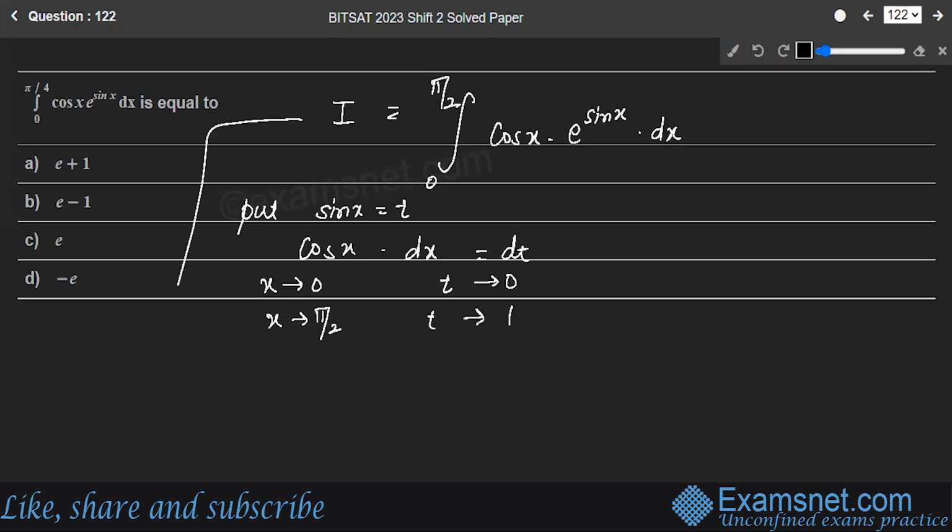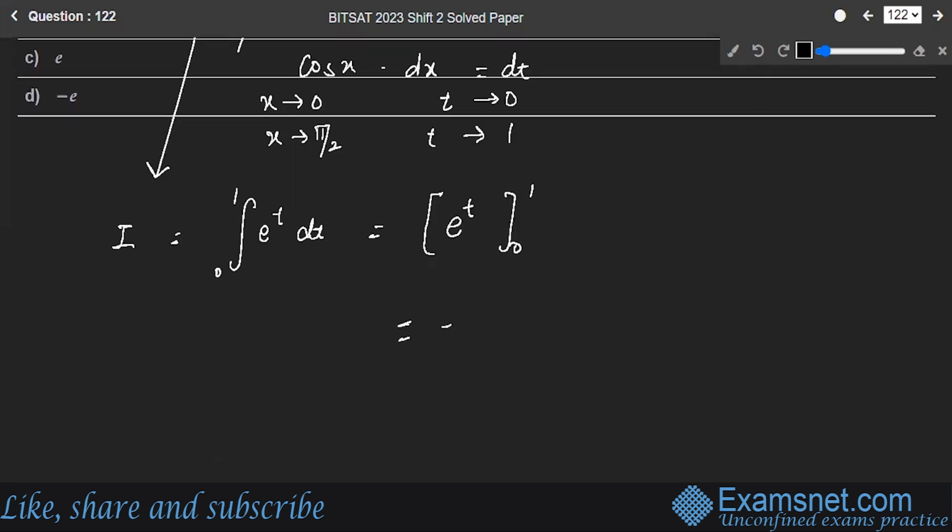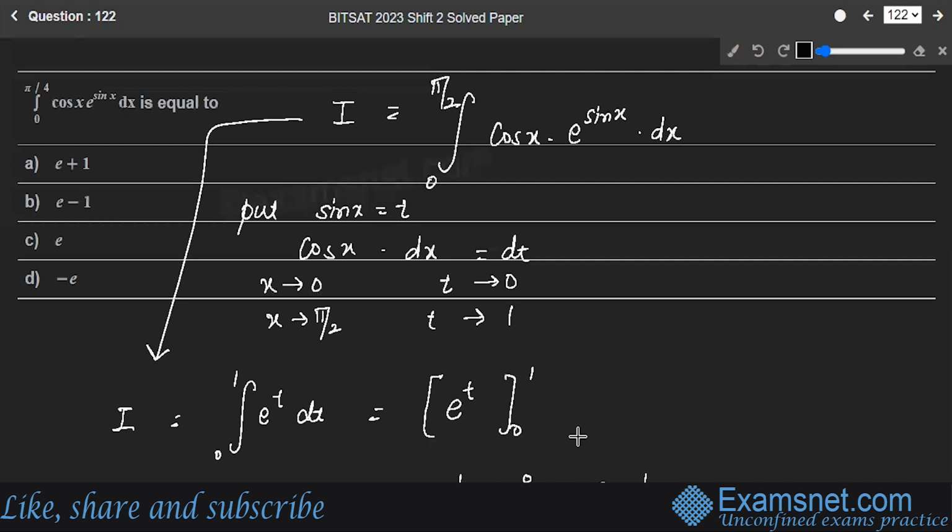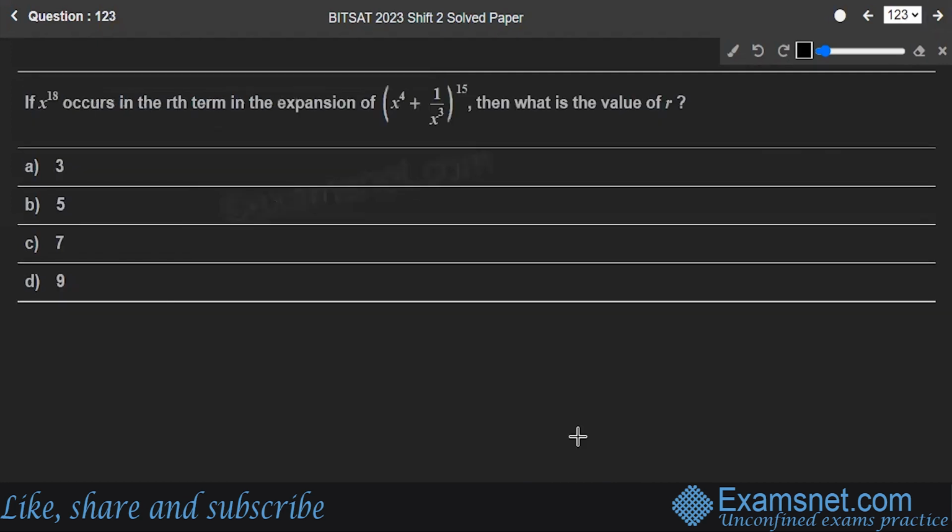So this integral becomes the integral from 0 to 1 of e^t dt. The integral is e^t only, from 0 to 1, so this is equal to e^1 minus e^0. So the answer is e − 1, because e^0 is equal to 1. You have option B as the correct answer.